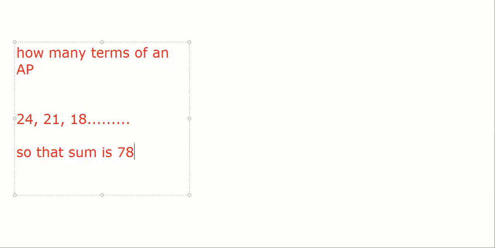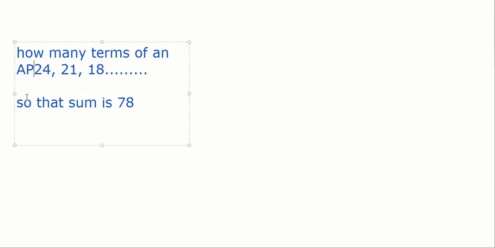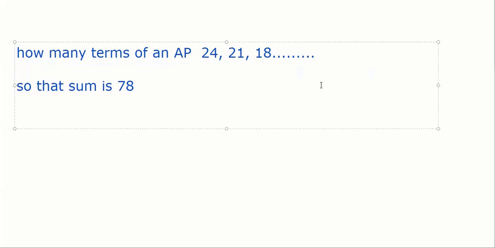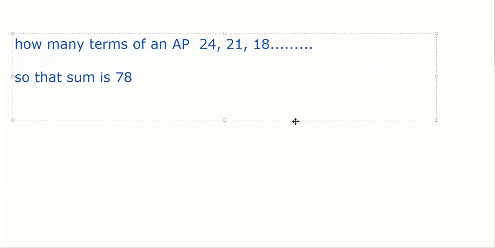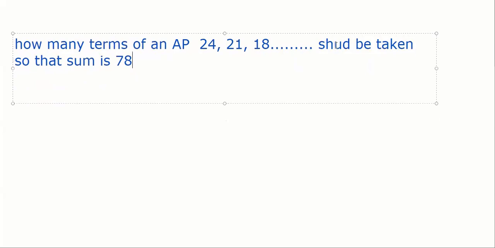Tell me guys, what should be the answer for this and why? How many terms of the AP should be taken so that the sum is 78? The first term is 24, right? Let's see how many we can get it right.